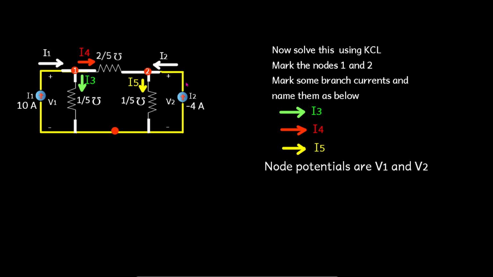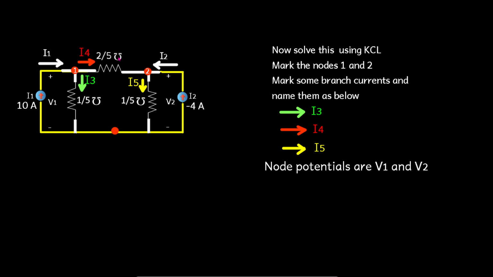And similarly, this I2 current is also given here in the problem itself, but we need to mark the remaining currents. So from the node 1, we can mark the downward current as I3, and the current which is flowing right side, that can be marked as I4 by us, and the downward current from the second node can be marked as I5. So for our convenience, just we have marked all these currents.